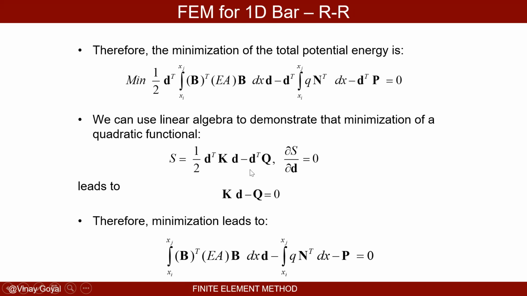So the d transpose cancels out, and this 1/2 disappears. So it leads to this. If I were to apply this idea to what we got, to minimize this with respect to d bold, I delete d bold everywhere. I see it. So transpose, delete, delete, delete.